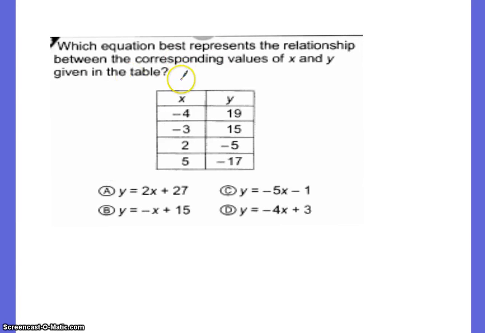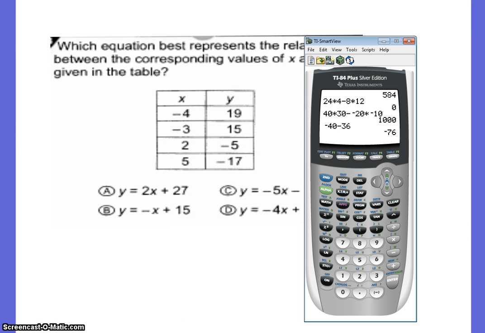Number 3, which equation best represents the relationship? When they give you a table and equations, you can either go to stat, edit, L1 is going to be -4, -3, 2, and 5.